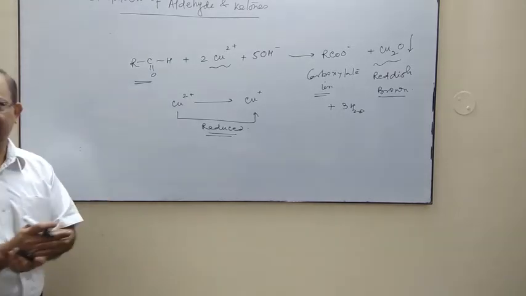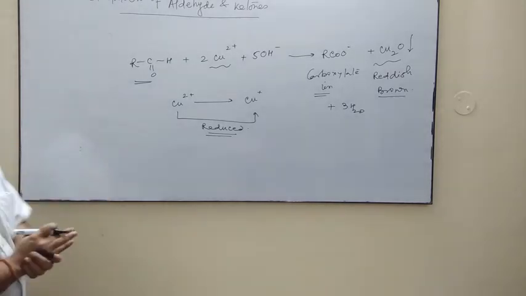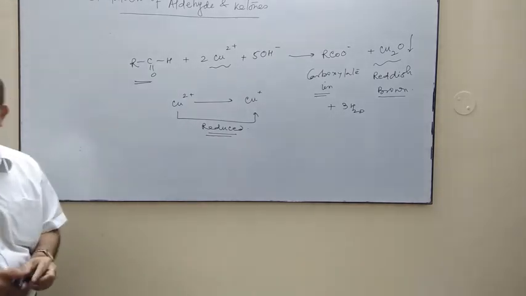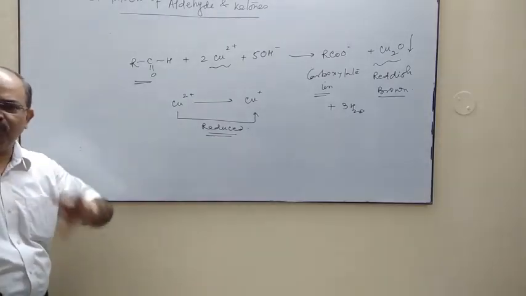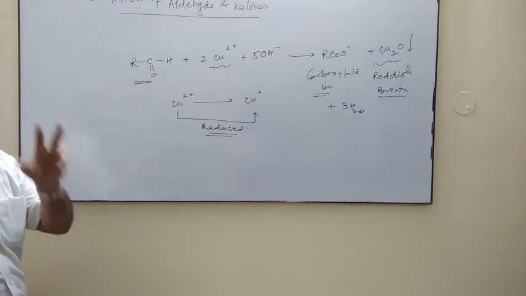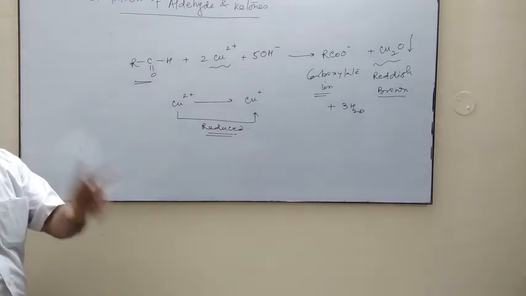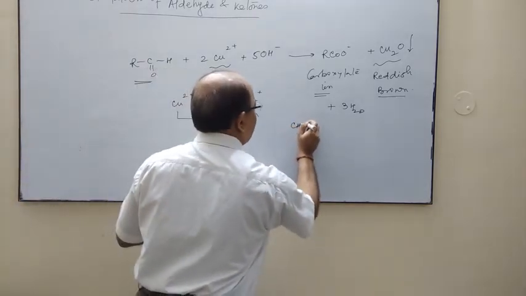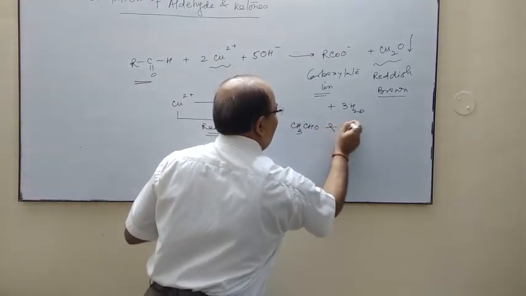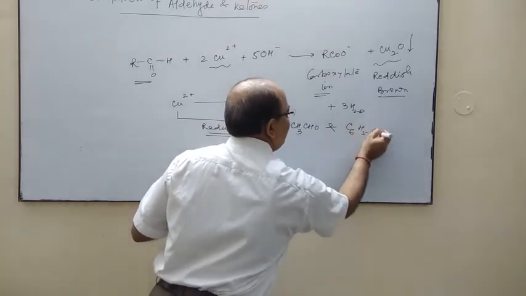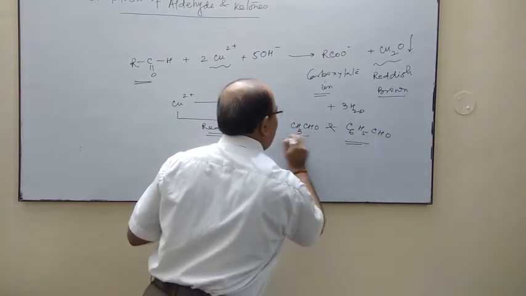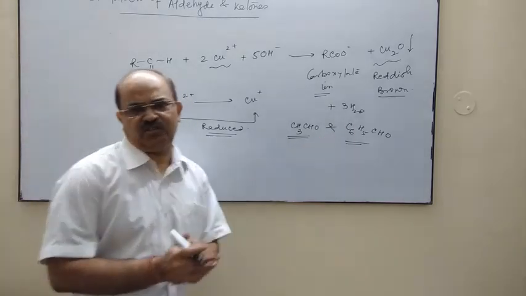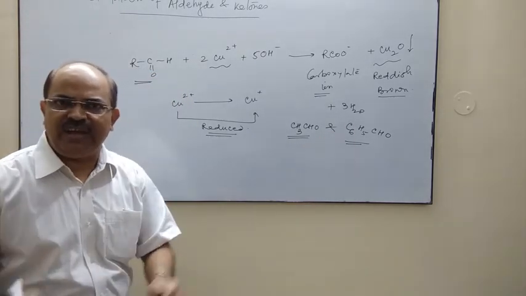So this test is a very important test to distinguish between aldehyde and ketone. This test is also used to distinguish between an aliphatic aldehyde and an aromatic aldehyde. For example, you have to distinguish between acetaldehyde and benzaldehyde. If someone asks how you will distinguish acetaldehyde and benzaldehyde, the answer is very simple.